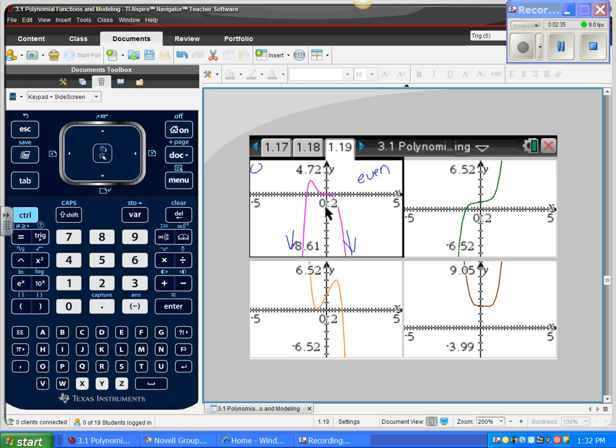It's even because the end behavior on either side of the function is the same. They're both going down to negative infinity. Since it's going down to negative infinity, my leading coefficient has to be less than 0, which means it has to be negative. So it has to have an even power, and it has to be less than 0. So negative with an even power.